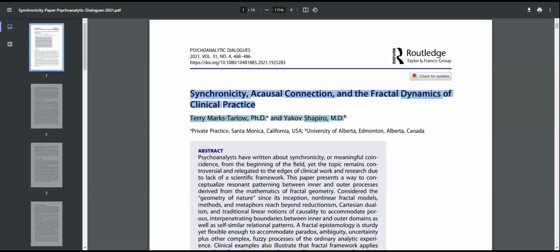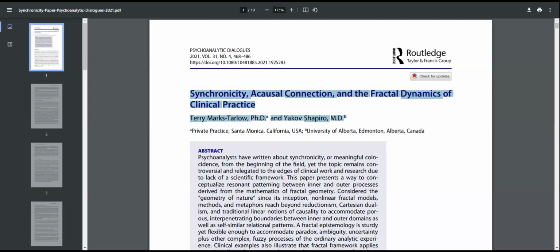This paper offers a fractal epistemology as a framework for modeling complex psychological boundaries between self-other and self-world that display seemingly paradoxical qualities of both separating and uniting these domains.